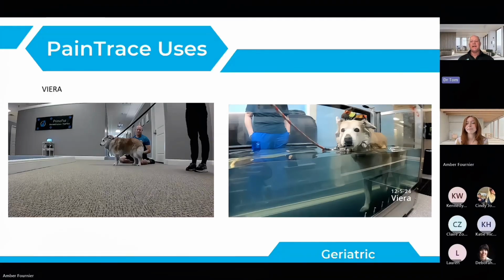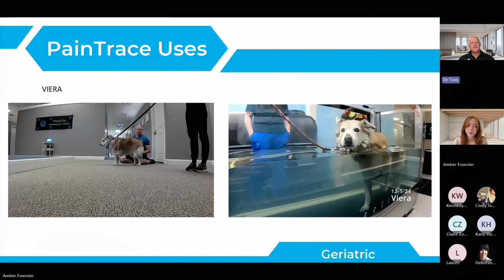We really worked hard today and she's doing great, but we want to make sure that she's not feeling any repercussions. So geriatric cases are really fantastic for PainTrace. I think that's really great. Again, that communication tool, being able to show them this time after this appointment, she's in a little bit more pain. So now we'll try to pivot and change what we're doing afterwards so that she recovers well from it.